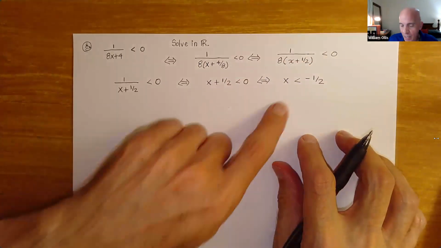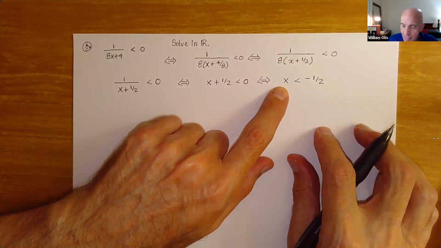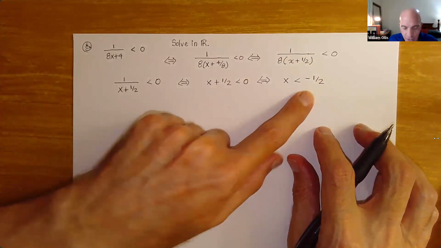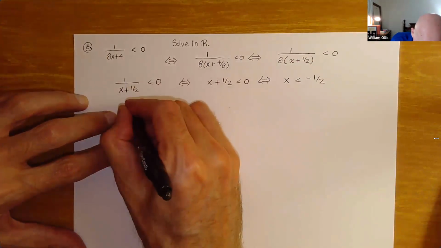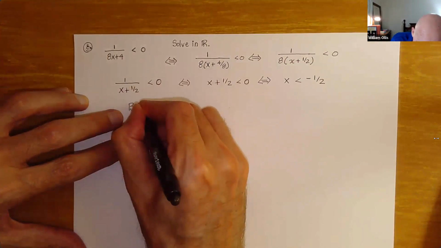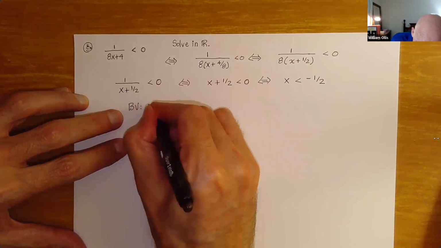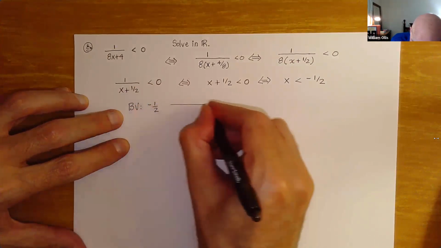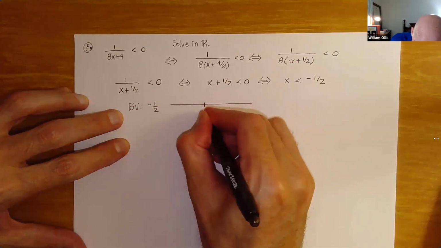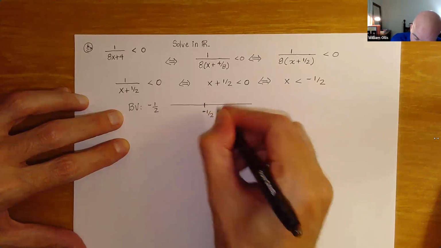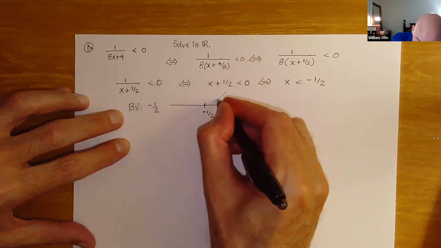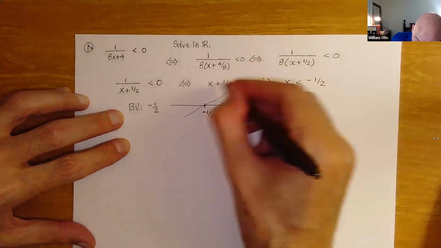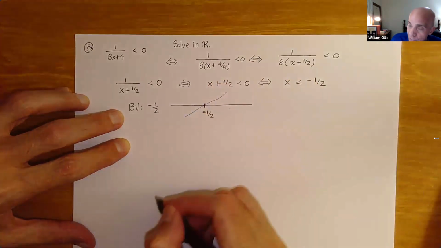So here's a direct computation. Any x less than -1/2 would satisfy this. Now, if you want to write the BV, the BV would be -1/2. And if we did the plotting at -1/2, and you put in 500 here, that would be plus, with degree 1, multiplicity 1.